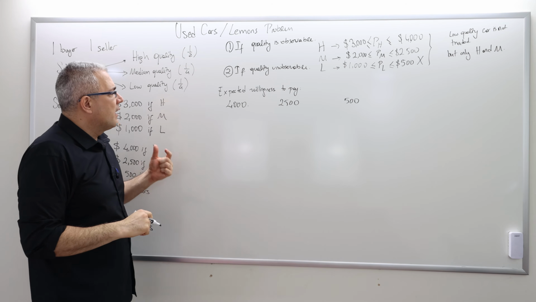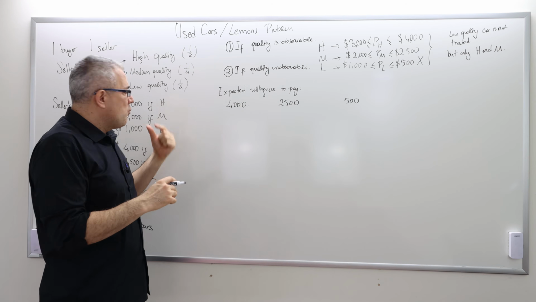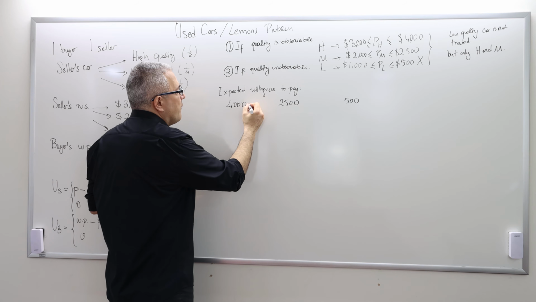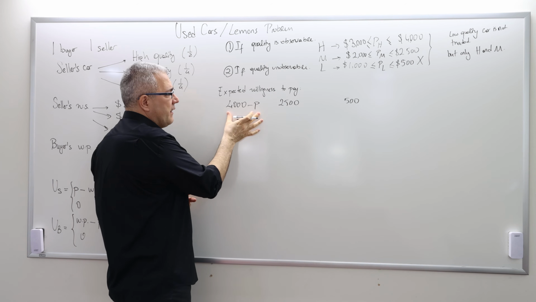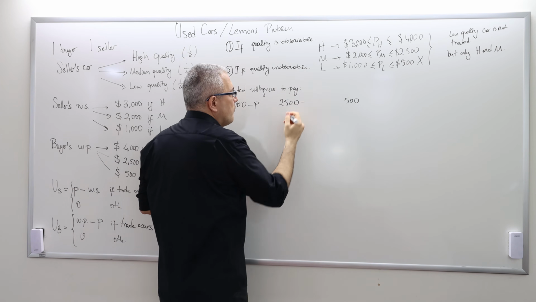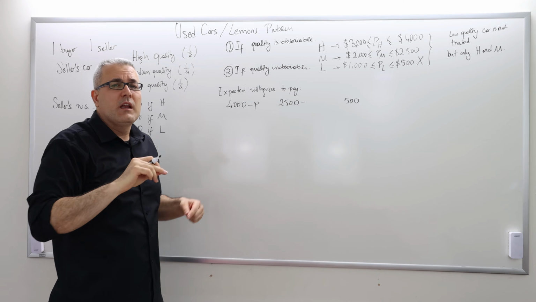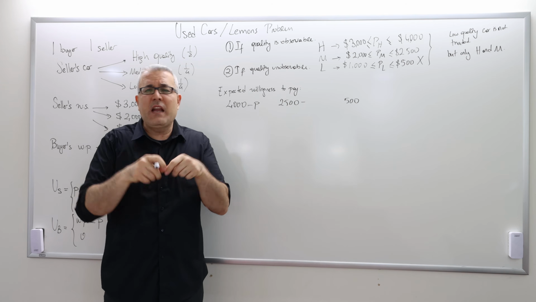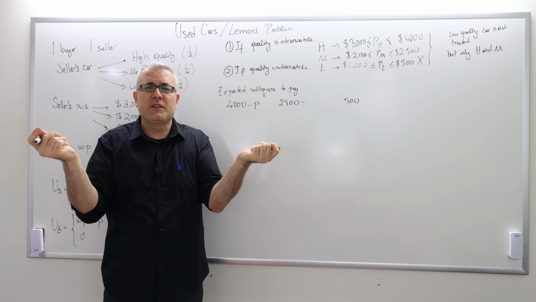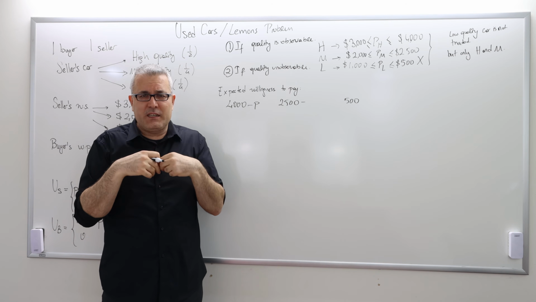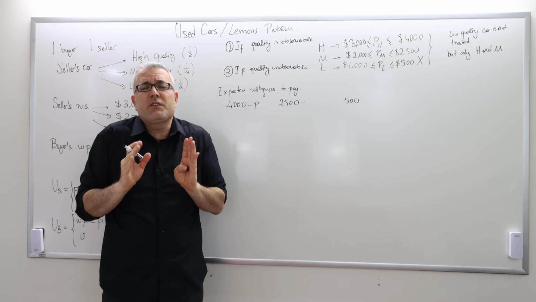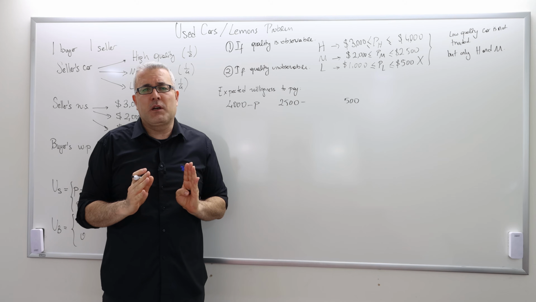All right? Well, what is the likelihood? So my utility is going to be 4,000 minus P if it is high quality. Well, P is the price. All right? Remember, the seller has one car, so we're not going to have different prices. The buyer will observe just one price because there's only one car in this market.